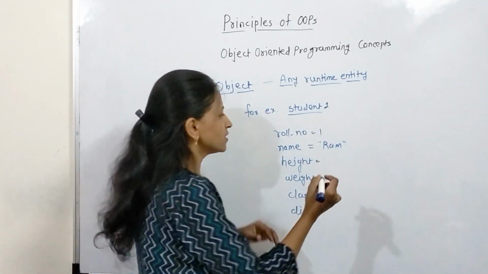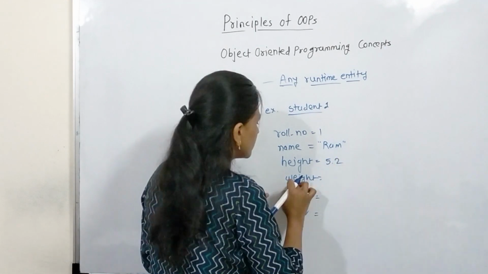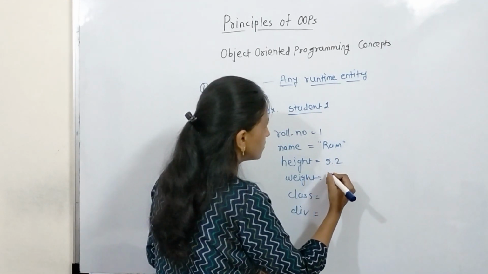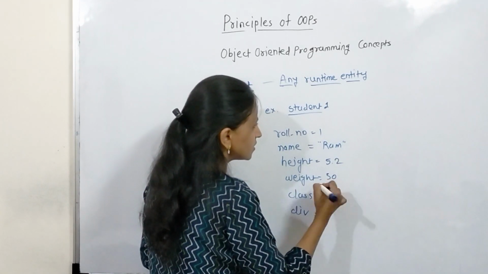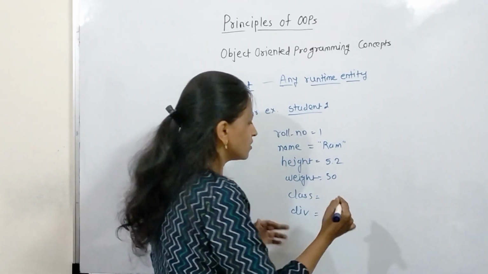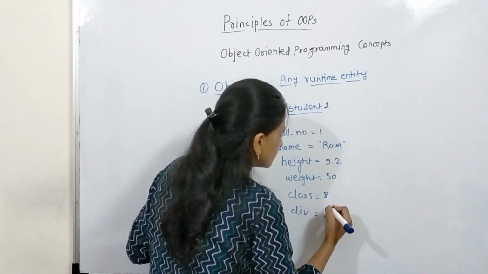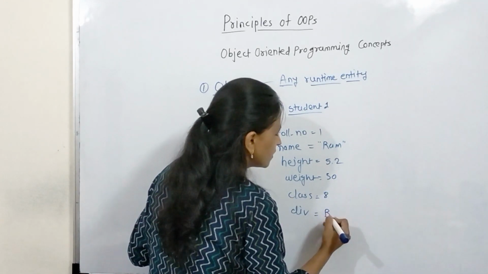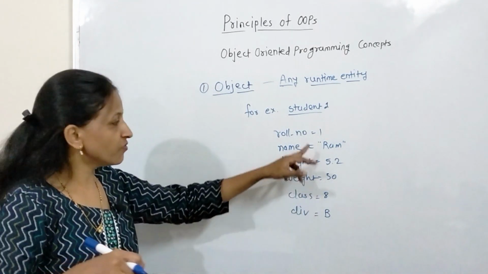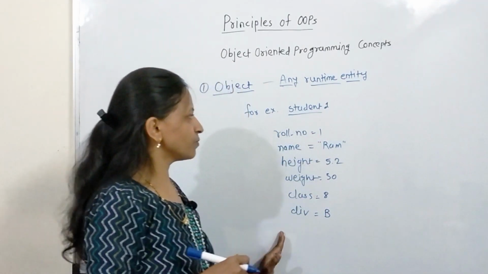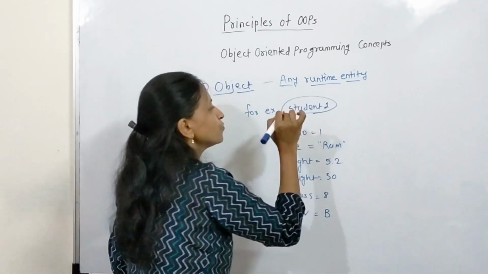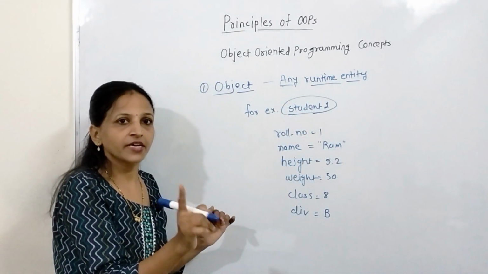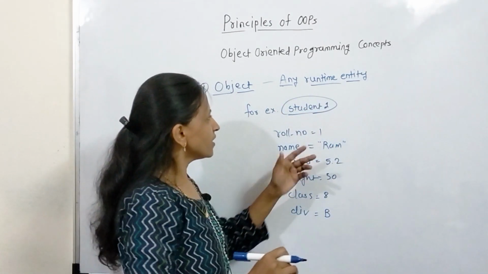Let height be 5.2, weight 50, class 8th standard, so 8, and division B. Getting? These are the values of these attributes for that particular student 1. And this is nothing but an object.